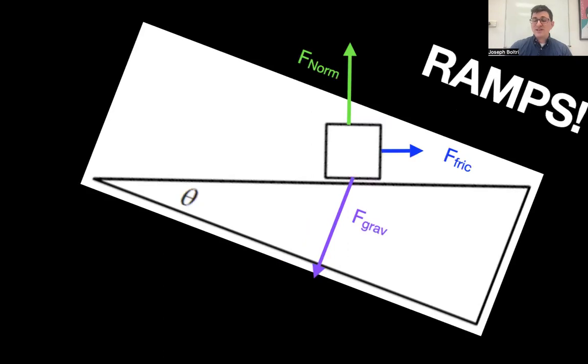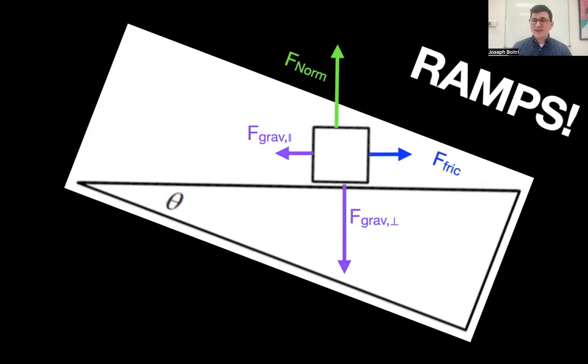If we take our force gravity and split it into its parallel and perpendicular components, we would get something that looks like this. Now, really important, I want you to write this down: just like we were looking at the horizontal direction and the vertical direction differently, here we can look at the parallel direction and the perpendicular direction. So the forces might be balanced in the perpendicular direction, but unbalanced in the parallel direction.